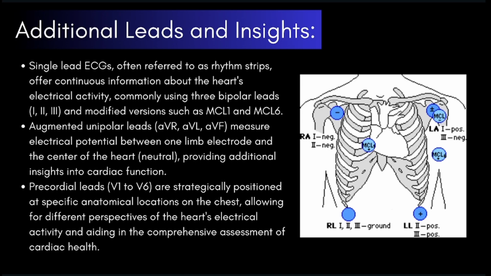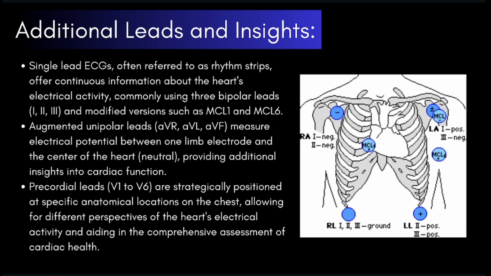Augmented unipolar leads, AVR, AVL, AVF, measure electrical potential between one limb electrode and the center of the heart, which is neutral, providing additional insights into cardiac function. Precordial leads, V1 to V6, are strategically positioned at specific anatomical locations on the chest, allowing for different perspectives of the heart's electrical activity and aiding in the comprehensive assessment of cardiac health.